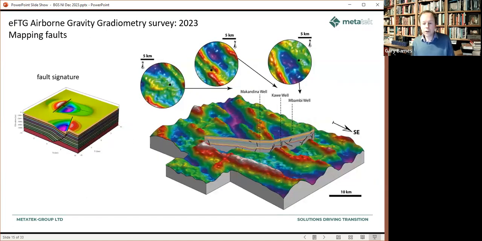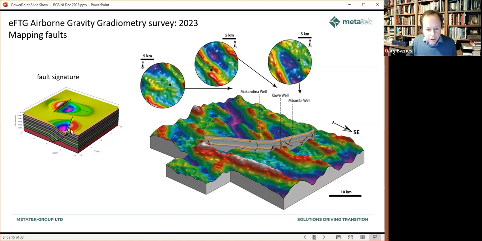So seeing how that works in reality, this is a survey that we acquired earlier this year over an area absolutely full of faults, cross-cutting faults, and faults almost everywhere.